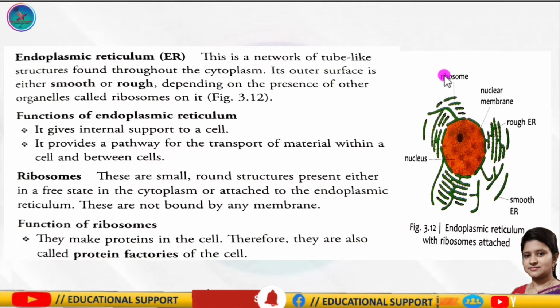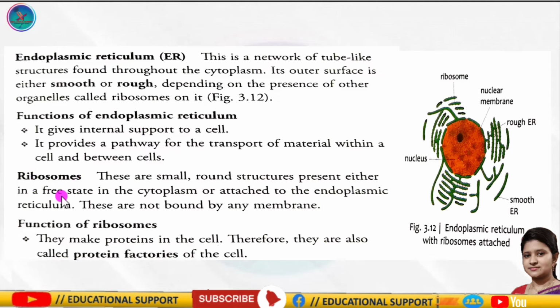Here the ones with ribosomes are rough and these are the smooth ER. What are the basic functions of ER? ER gives internal support and provides a pathway for the transport of material within a cell and between cells. These are very, very important functions. You have to remember them.